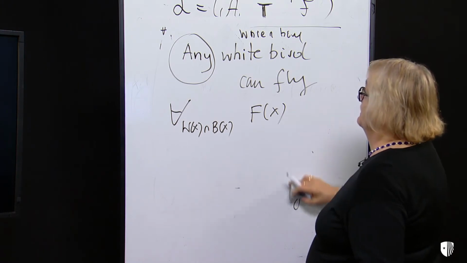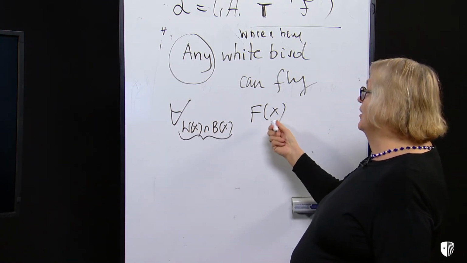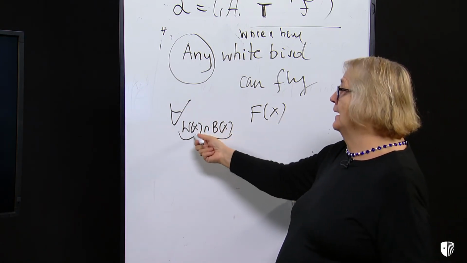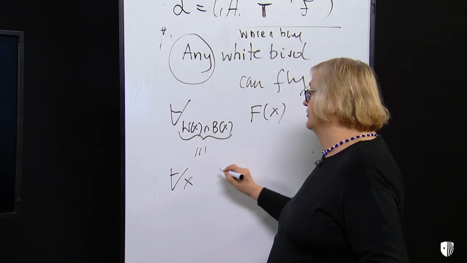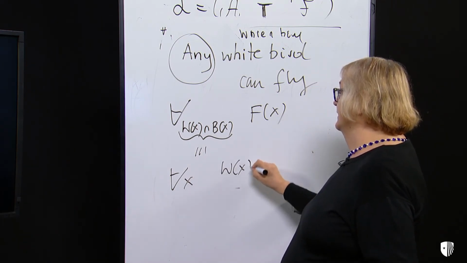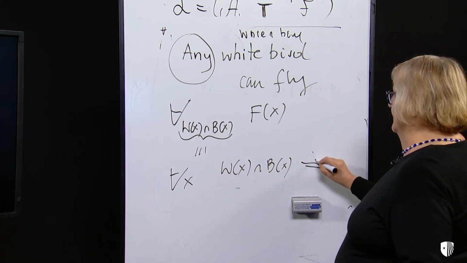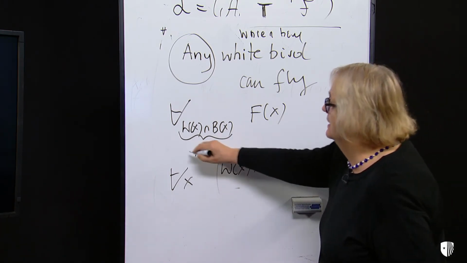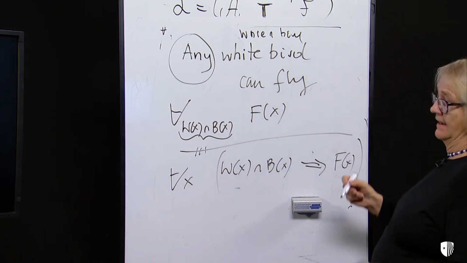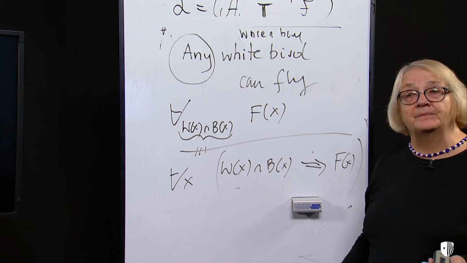So you translate this restricted domain of things which fly to white birds, and that is for all X, white and bird, then flies by restricted domain, and this natural language is translated into such a formula.